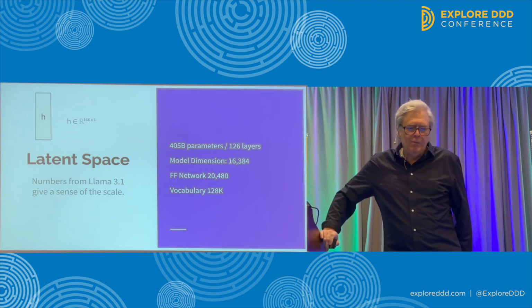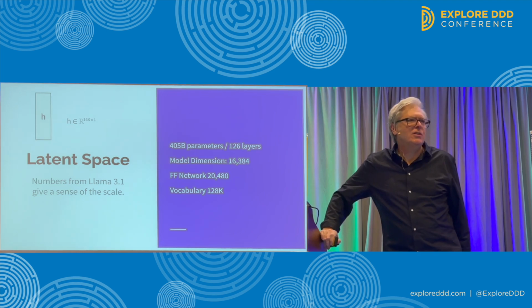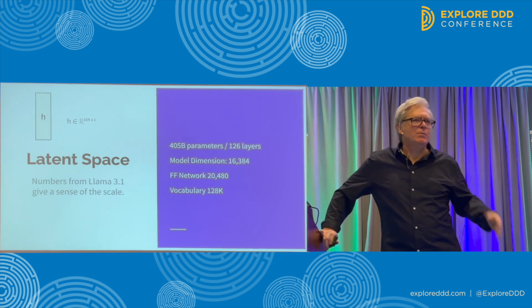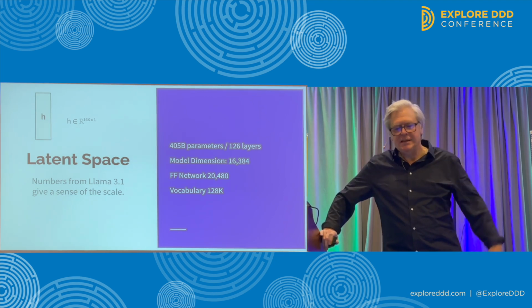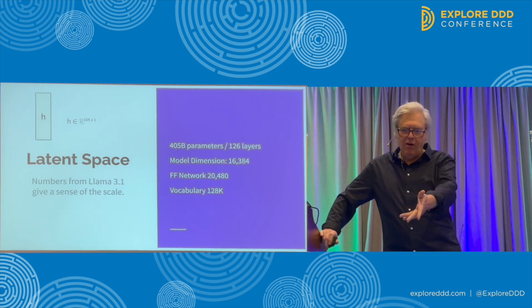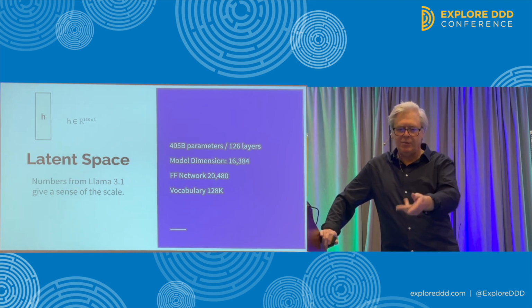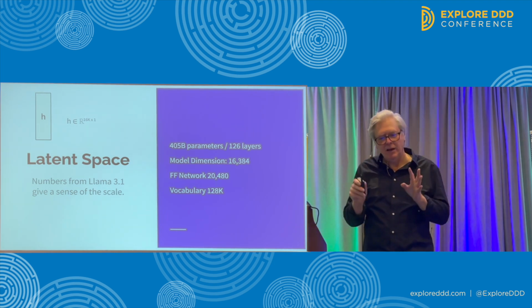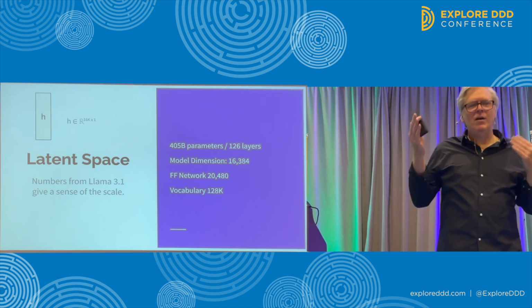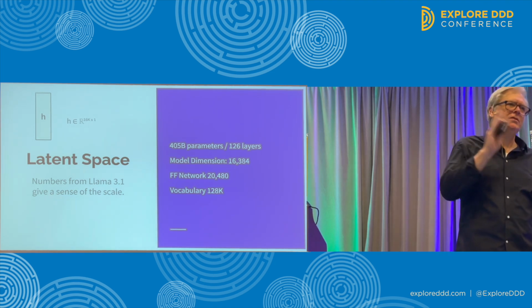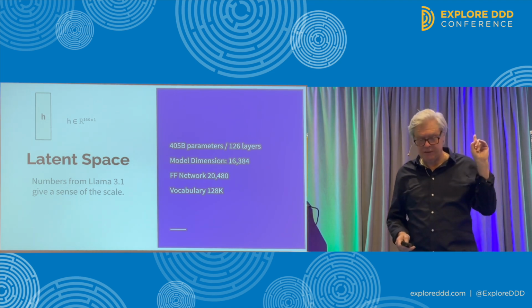In Llama 3.1, we don't know the details of the architecture of the more proprietary ones, but we do know about the Llama models, or at least most of them. And Llama 3.1, for example, has these characteristics. And you hear a lot about how many parameters they have, but you can actually add it up roughly if you take how many layers they have and how many dimensions each of those layers have, and so on. I'm not going to do that.